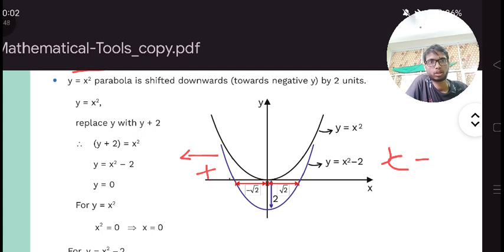Here it is just opposite. If we are going in negative, then add plus. If we are going in positive, then add minus. y plus 2. With the 2 units we are decreasing it. So y plus 2 is equal to x square.